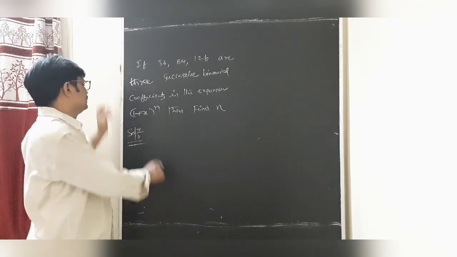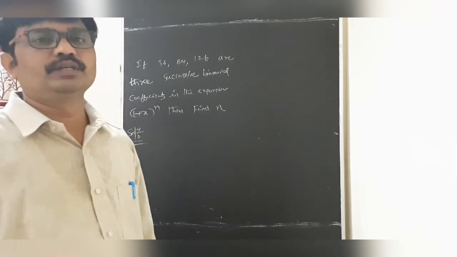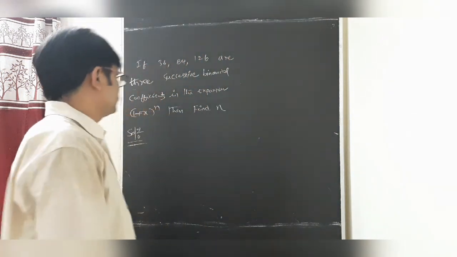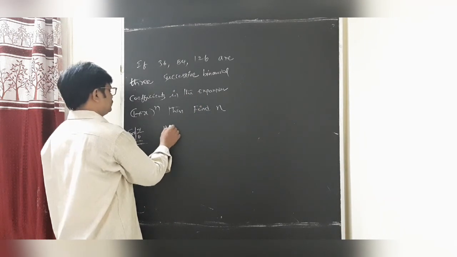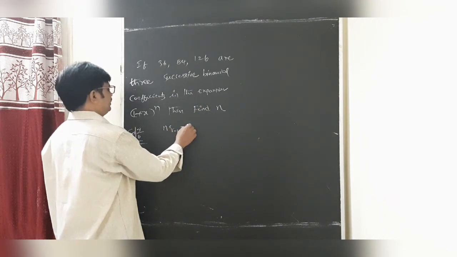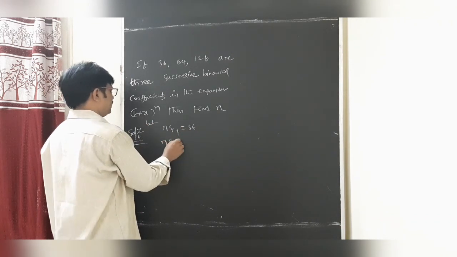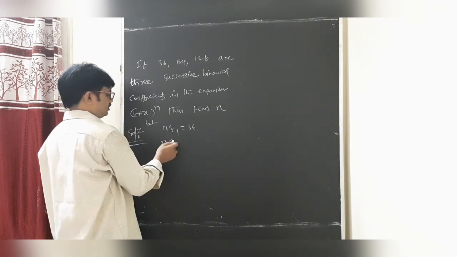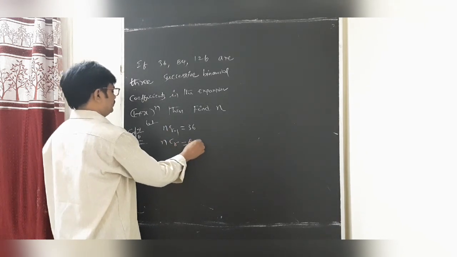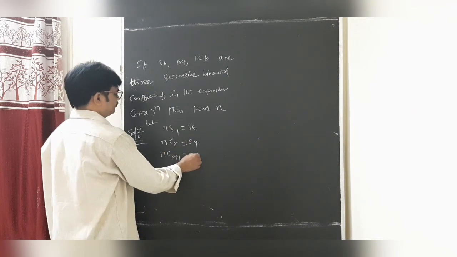So students, this is C0, C1 x, C2 x square, C3 x cube, C4 x power 4. So the successive binomial coefficients are nCr minus 1, which is 36. Let nCr: first r minus 1, after that r, and nCr plus 1.